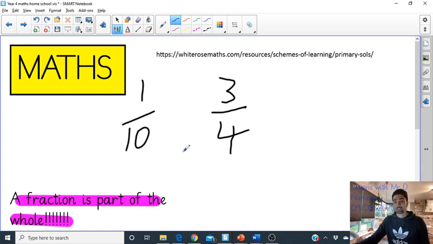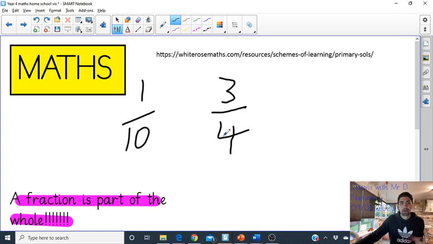A bit of a challenge question for you here is that these are both fractions. There's nothing scary about them, but there's something different about the parts. Do you think the parts are going to be bigger in a tenth or a quarter? That's a bit of a challenge question for those people that have really got a good grasp of fractions.